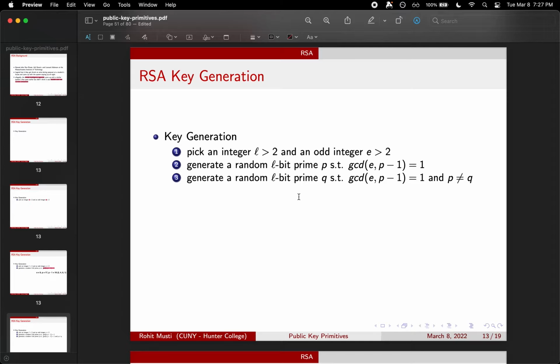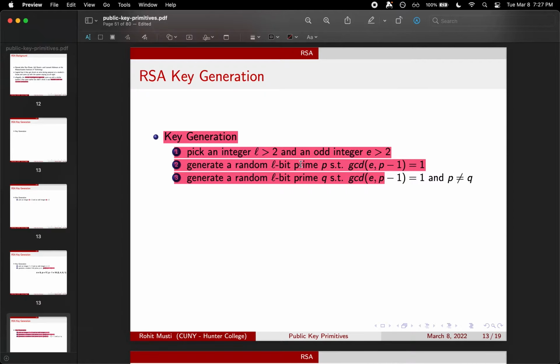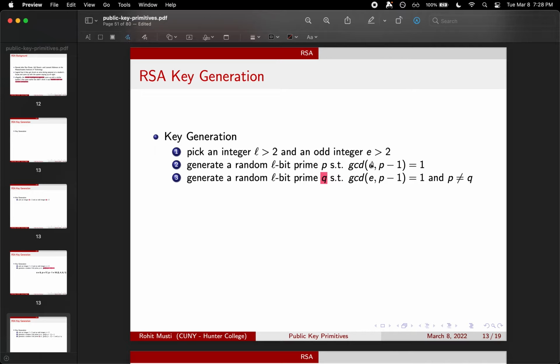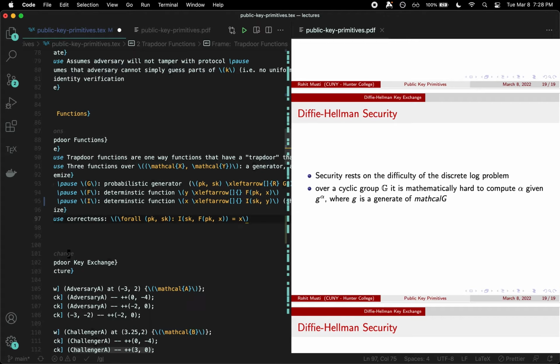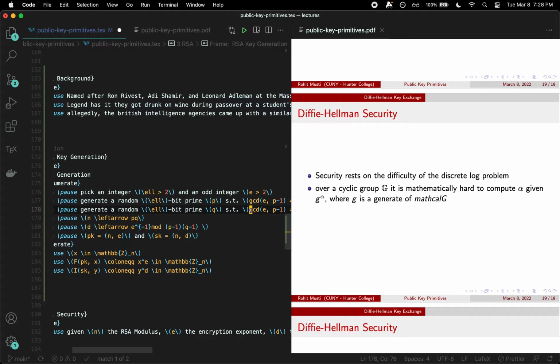Then generate a random L-bit prime Q such that the greatest common divisor of E and Q minus 1 equals 1, and P does not equal Q. I'm just going to go ahead and make that correction in the slides.